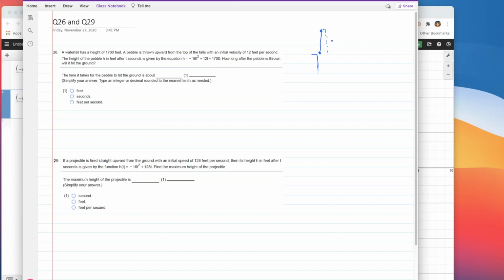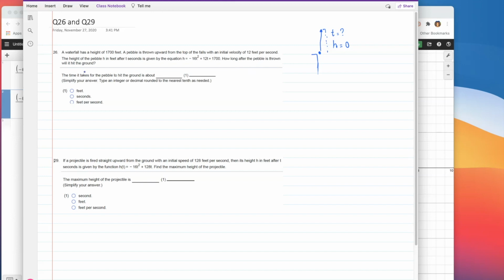So how long? They want to know the t, the time when the pebble hits the ground. So the height is 0. There is no height at all. So those are the two things that you have to extract here. What they want, that's the time.